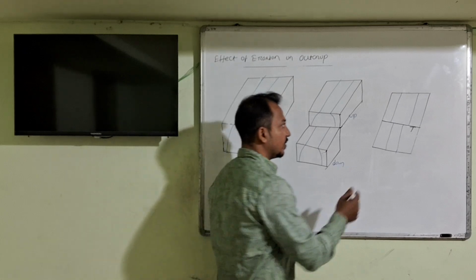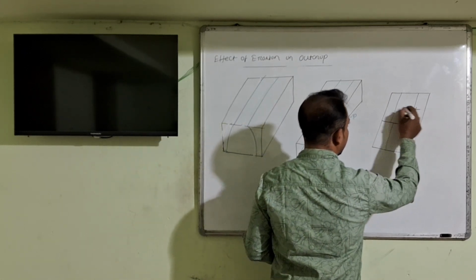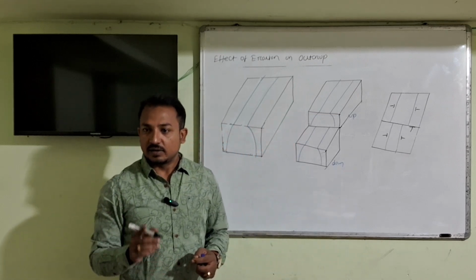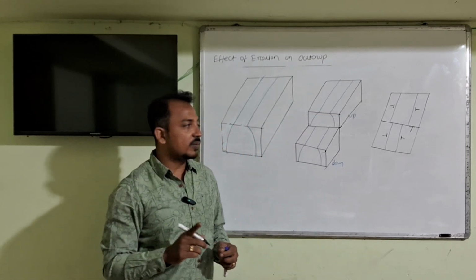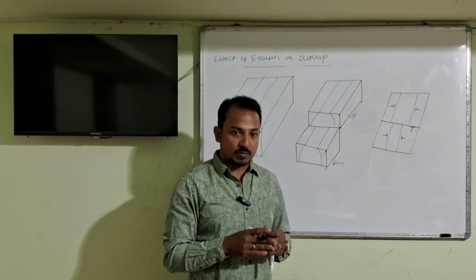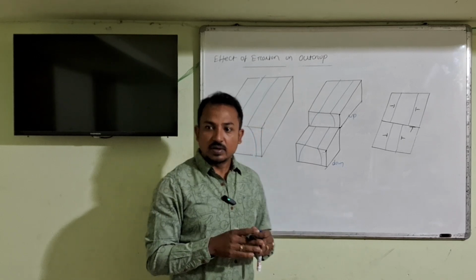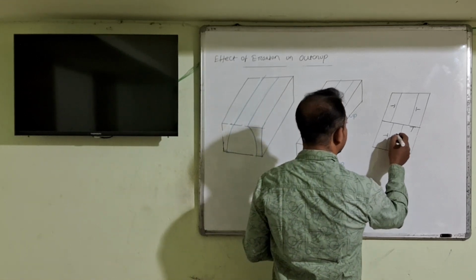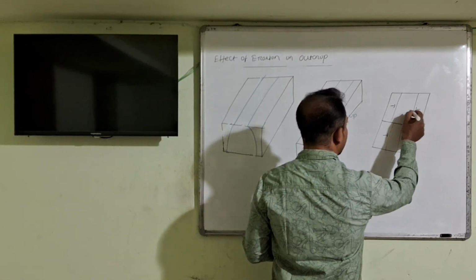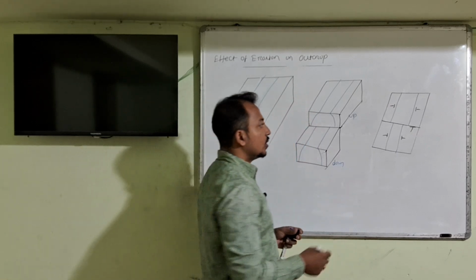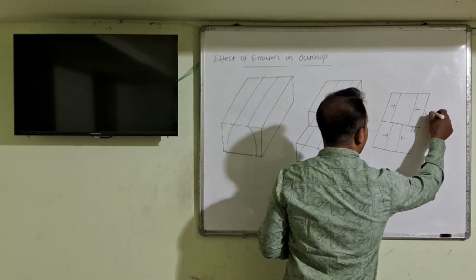So in the case of an antiform, suppose this is indicated in the figure that this is an antiform. Then you have to observe which side has the broader outcrop. Suppose this is the same outcrop. This side is broader and this side is narrower. So this will indicate your upthrown block.